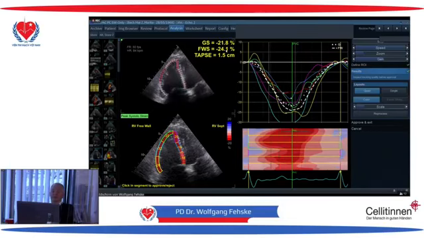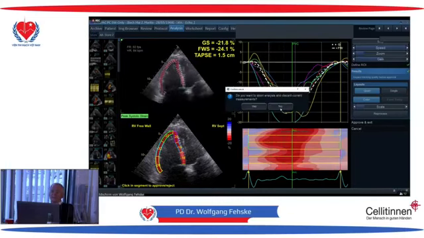You remember it was less than 10 in the other patient. This is TAPSE, which is not normal, but it should be about 2 centimeters. But this looks much better than what we saw before, and it is regular contraction of the right ventricle.